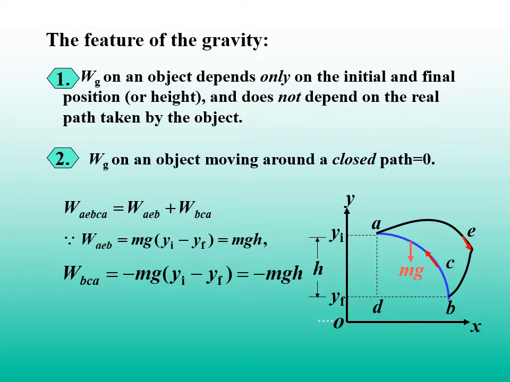On the other hand, W_BCA equals minus mg times (initial position y minus final position y), which equals minus mgh. So the total work done by the gravitational force around the closed path is just equal to 0.